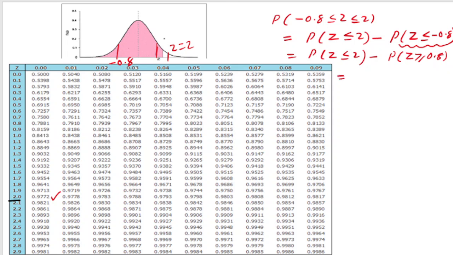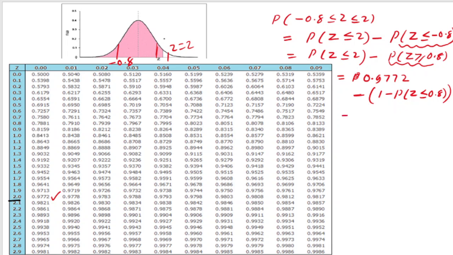And this can also be written as so now we already have the value of probability for z less than or equal to 2, that is 0.9772, and minus. How to calculate this probability? Because I am using this table, it should be calculated as 1 minus probability for z less than or equal to 0.8.